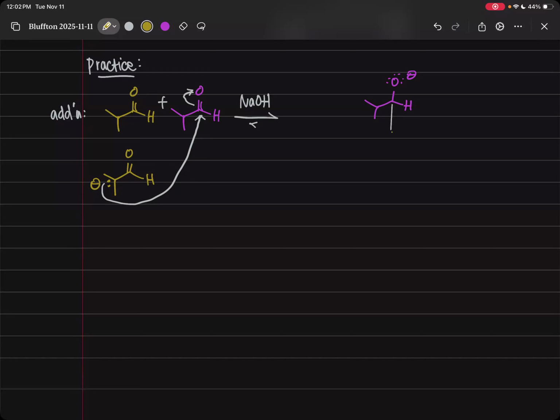So that carbon has two methyl groups attached to it. And then it's got an aldehyde group. It looks pretty ugly, but you can clean it up a little bit.